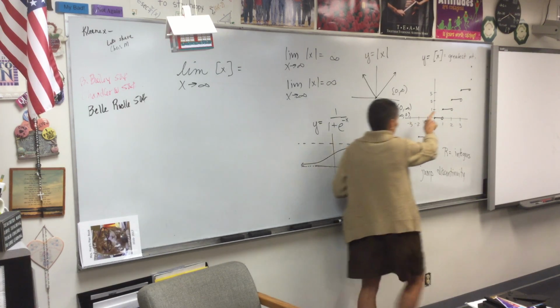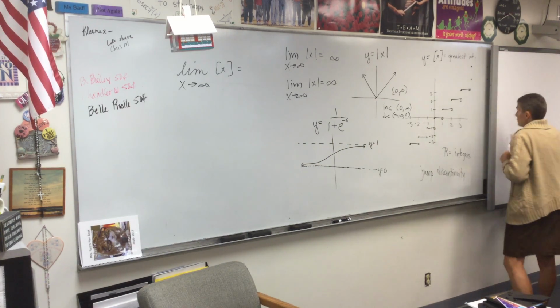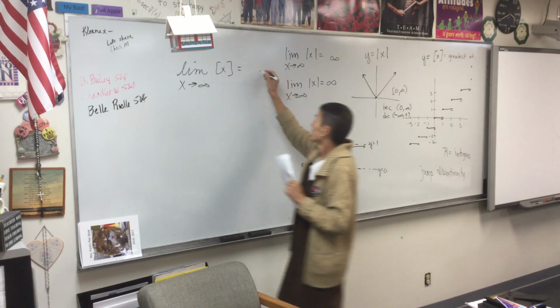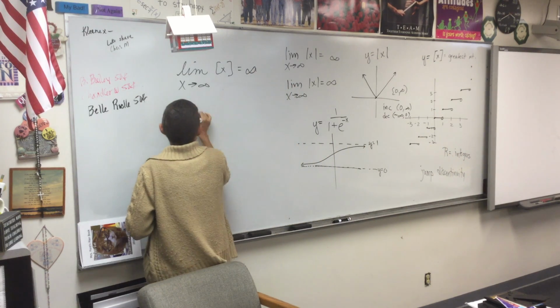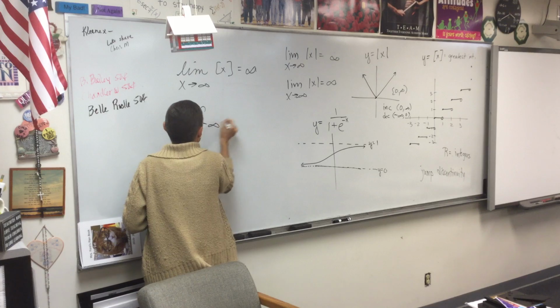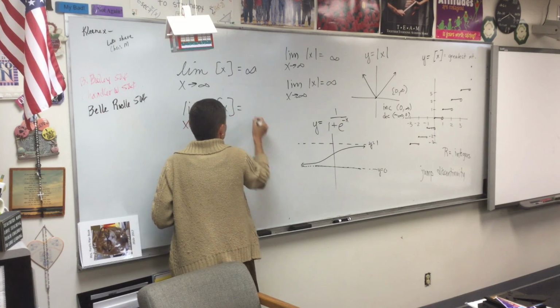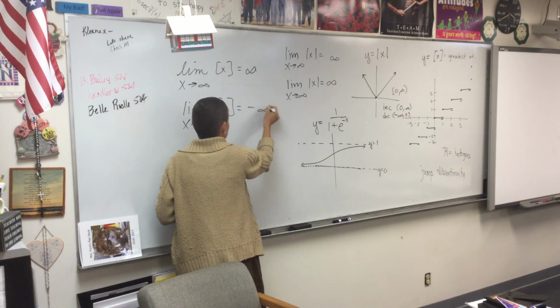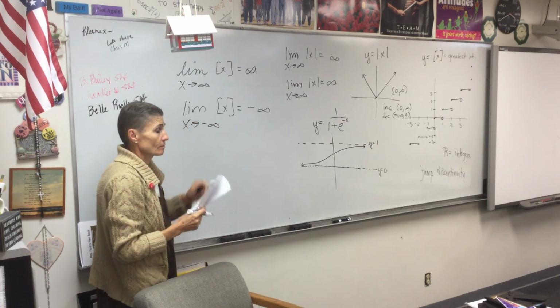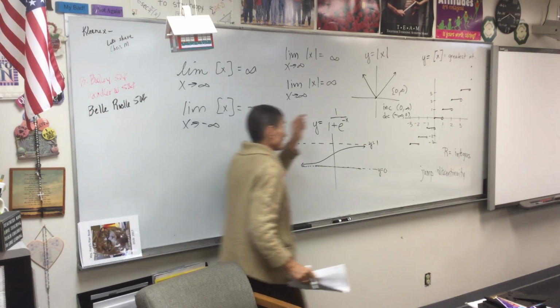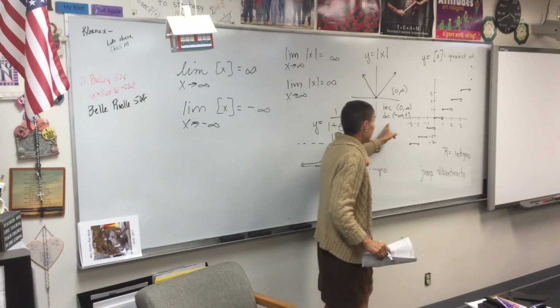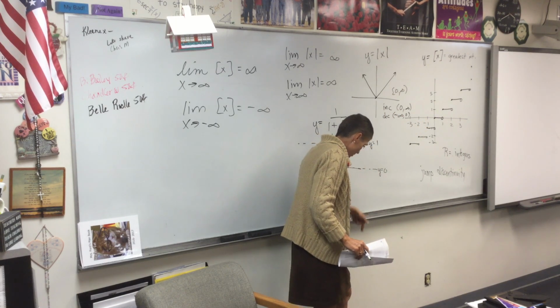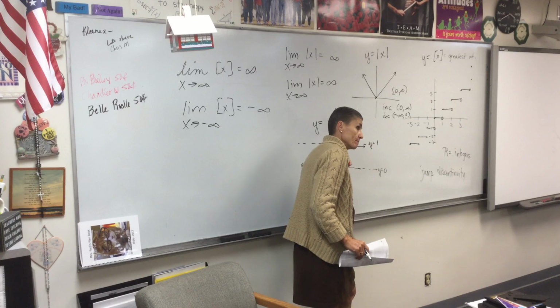What's happening to the y values? They are getting bigger. And as we go the other way, they're going negative. So as x marches on this way, y marches down that way.